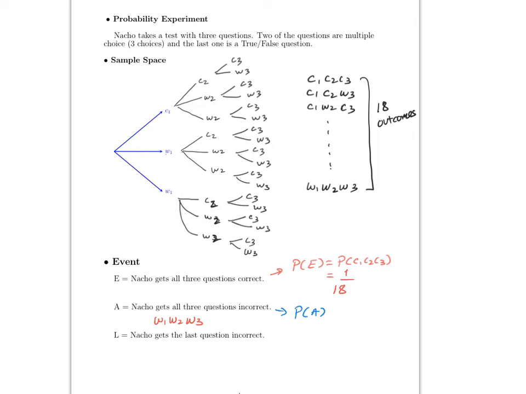For example, this is 1. This is another one, so that's 2, 3, and 4. So therefore, the probability that he will get all questions incorrect is 4 out of 18. And that's it.